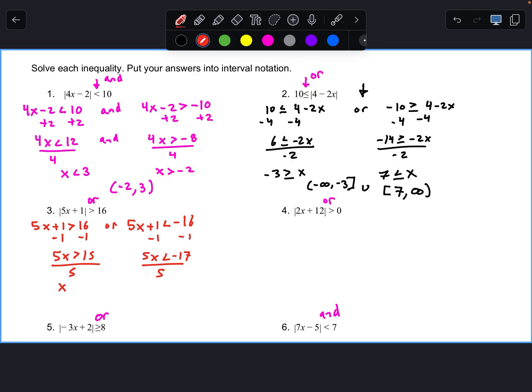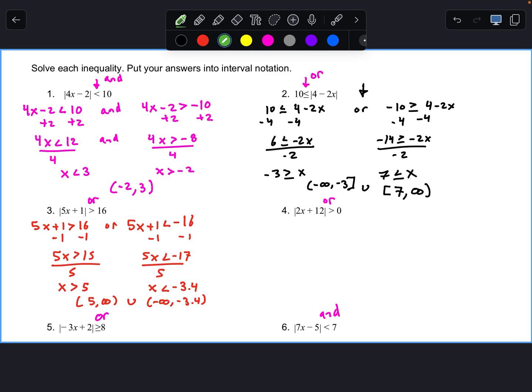So x is greater than 5, or x is less than negative 3.4. And now, again, we're just setting up two intervals. So our low point here is 5, and our high point is infinity. Here, our low point is negative infinity, and our high point is negative 3.4.